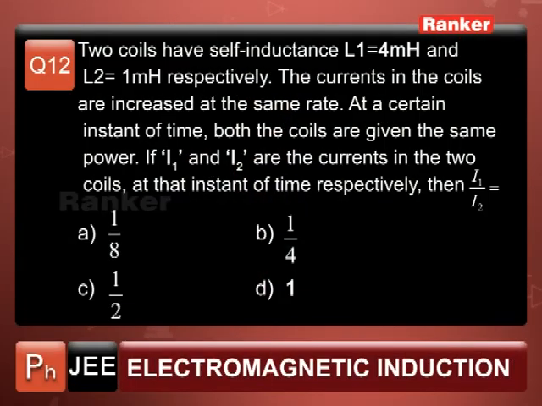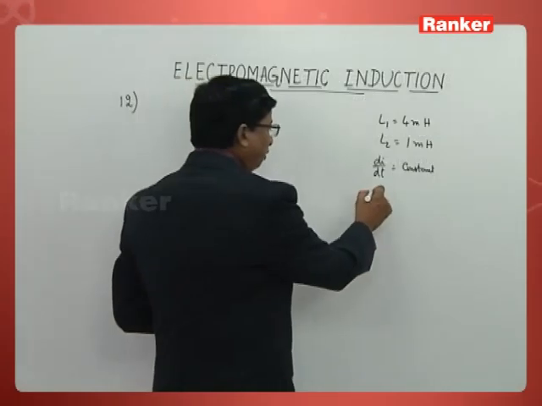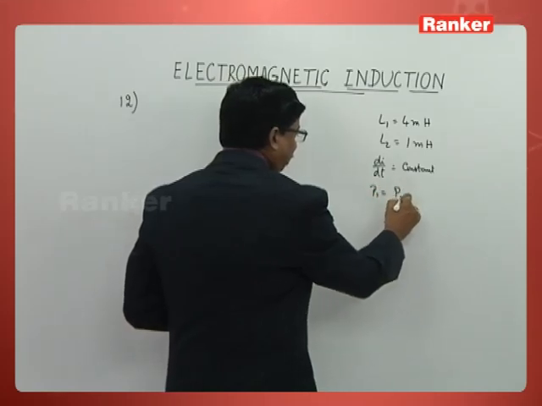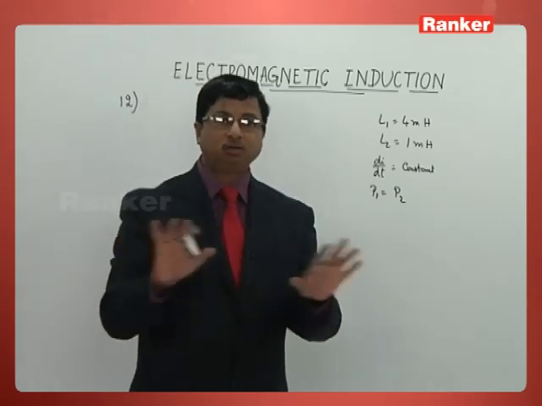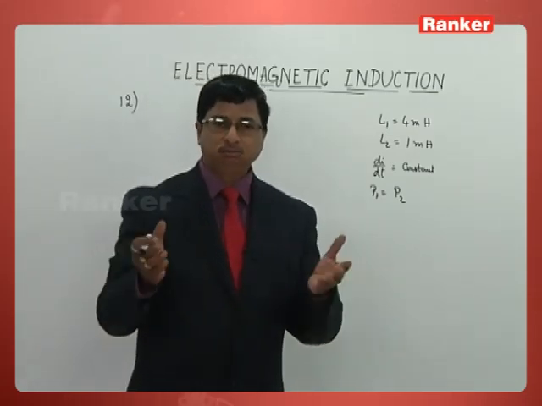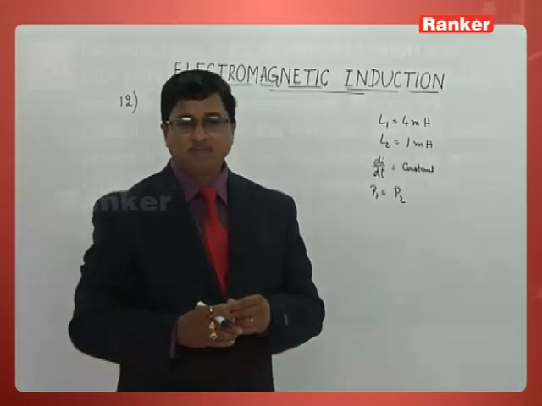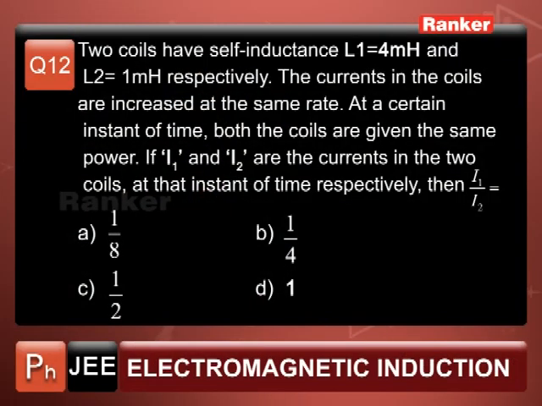At a certain instant of time, both the coils are given the same power. That is another point. So you can immediately note that the power P1 of the first coil and the power P2 in the second coil are equal. Now what is he asking for? If I1 and I2 are the currents in the two coils at that instant of time respectively, then I1 by I2 is how much?